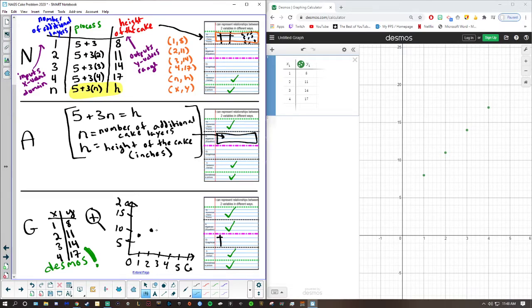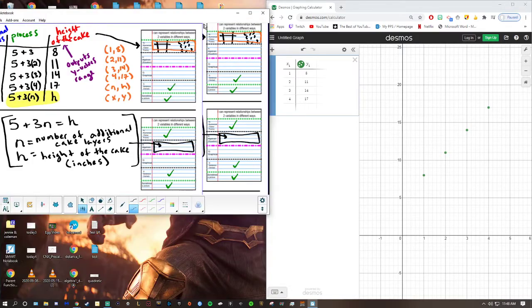Right about there. I got 3, 14, so I'm going to go put that. 3 up to 14. And the last one, 4, 17. So I'm going to go over to 4, up to 17. It looks just about like that. And you can see my graph, although it's not perfect, looks almost like Desmos. And that is my graph.